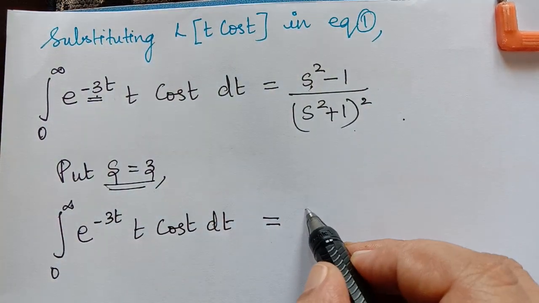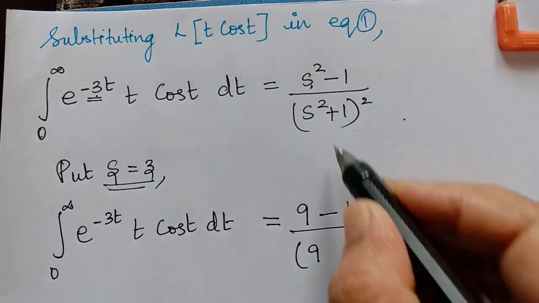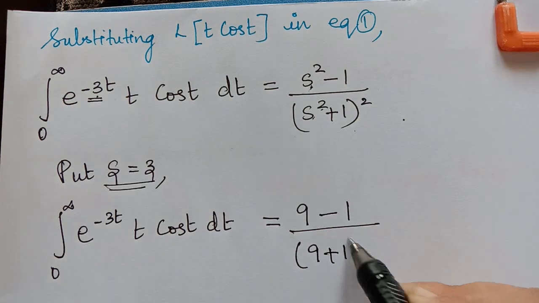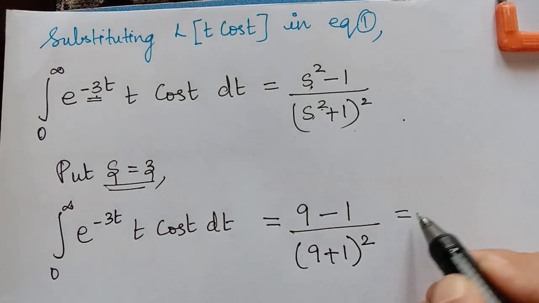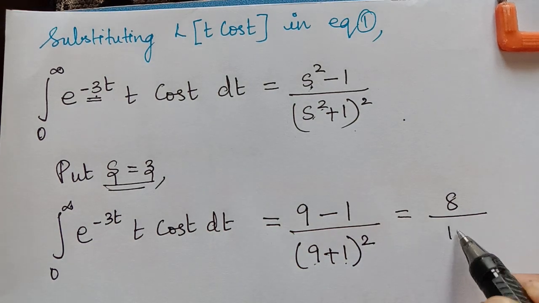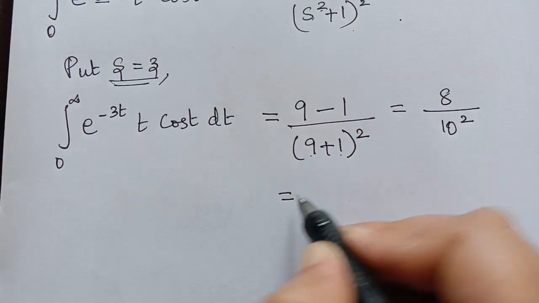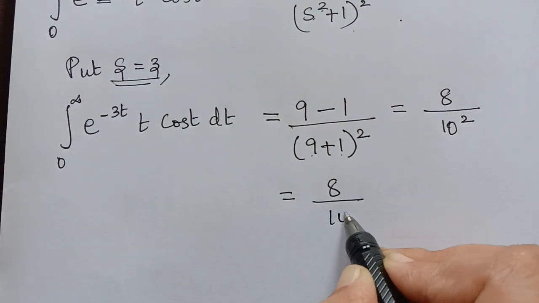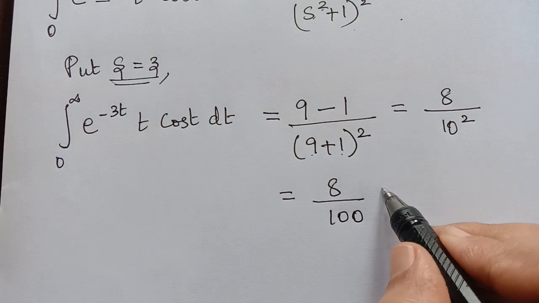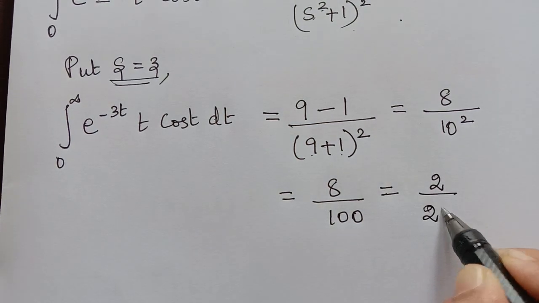So 3 square is 9, minus 1, divided by 9 plus 1 the whole square, which is equal to 8 divided by 9 plus 1 is 10, so 10 square. And so therefore the answer will be equal to 8 divided by 100, and this can be simplified and written as 2 divided by 25.